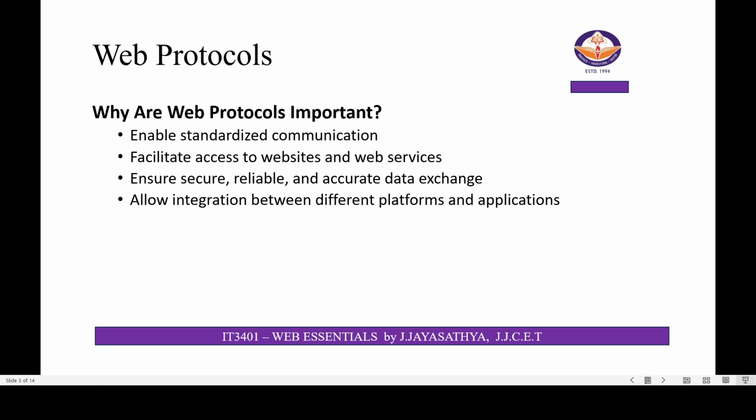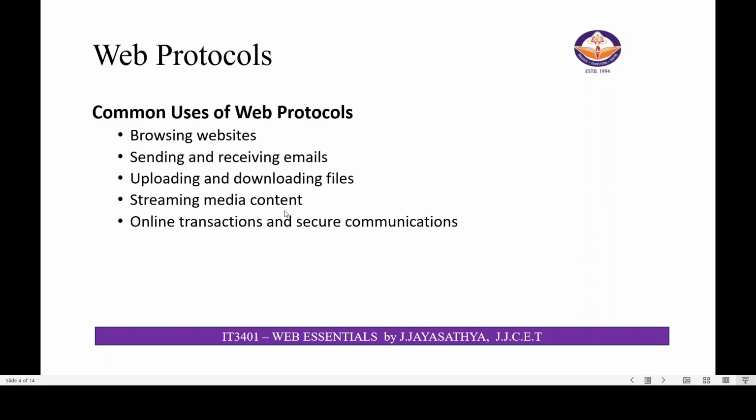For example, a mobile app and website both connect to the same banking system to check your balance. This is made possible through APIs, interoperability and web protocols. So in different platforms it allows the integrations.